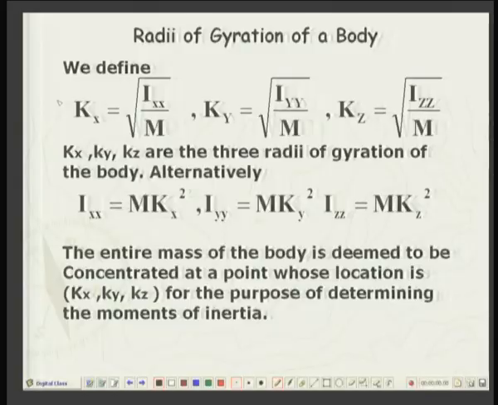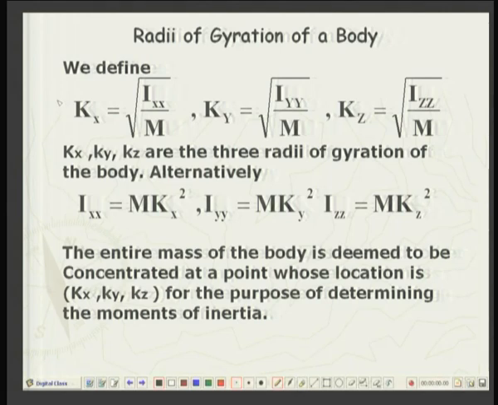Now, let us introduce radii of gyration of inertia of a body, just like we had radii of gyration of a given area. So, we will have corresponding quantities for the three-dimensional body.